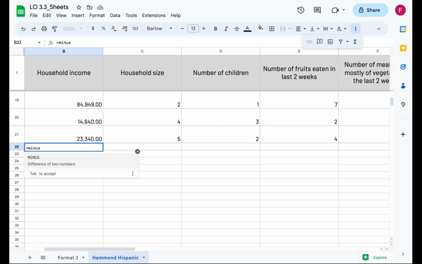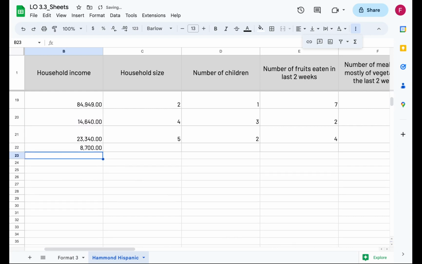So let's use, for example, I want to subtract B21 from B20. Those are the two that I'm interested in. So B21, I put it in there, then I use a comma, and then I close the brackets, and it does that calculation for me.